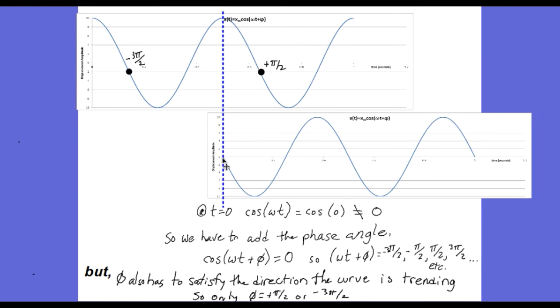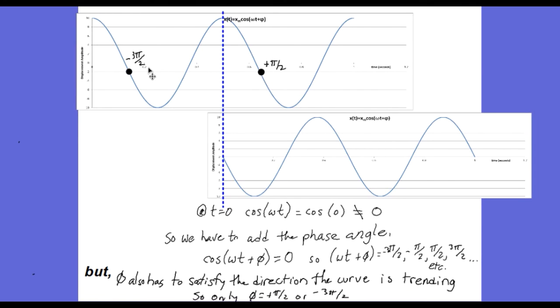However, there's an additional requirement for phi. Phi also has to satisfy the direction the curve is trending. Let me explain. So if this is my regular starting point with a phase of 0, there are 1, 2, 3, 4 locations shown here on this graph where the cosine is 0.